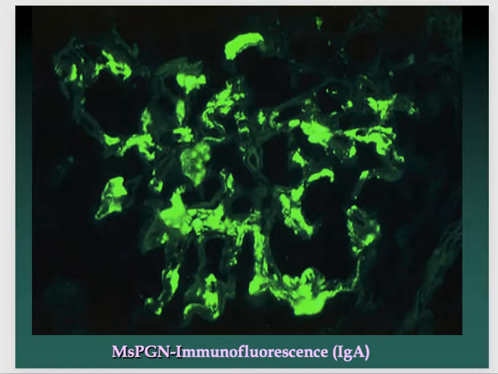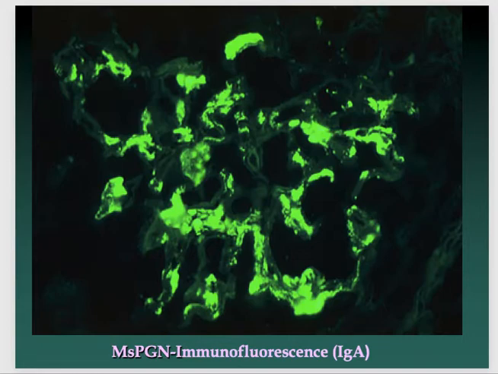We give ACE inhibitors and ARBs for blood pressure control, and we can give immunosuppressive drugs whenever IgG, IgA and complement systems are involved. The main point is to treat by immunosuppression.